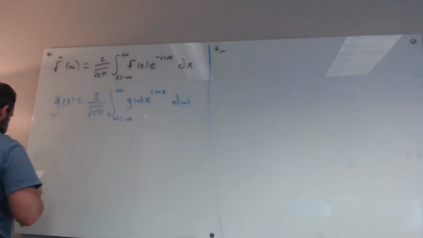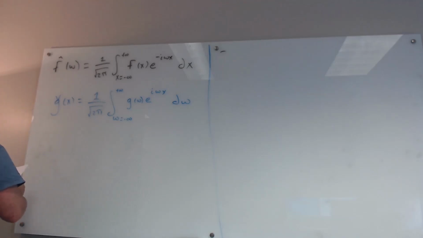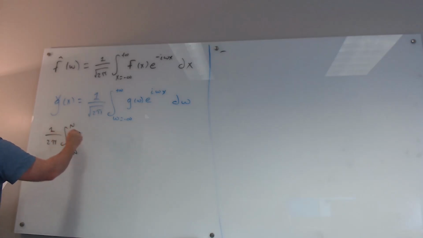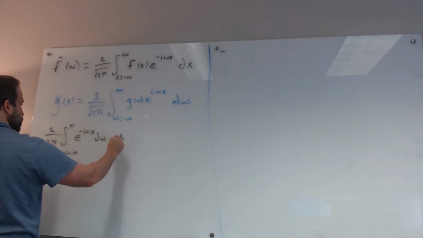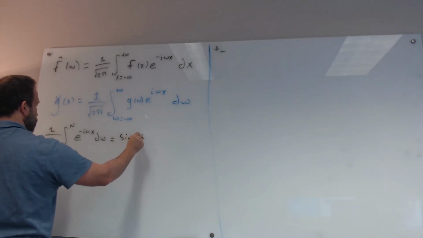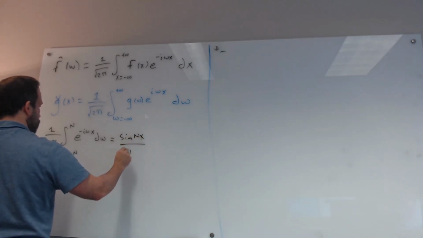Okay, so this is just an integral that you can do on your own and show that 1 over 2 pi times the integral, with omega going from minus n to n, of e to the minus i omega x d omega, is equal to sine of n x over pi x.